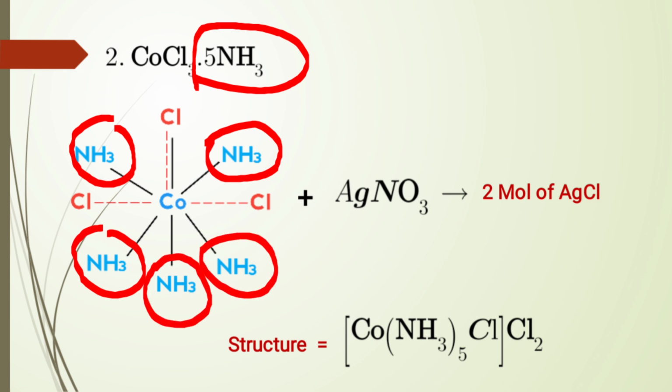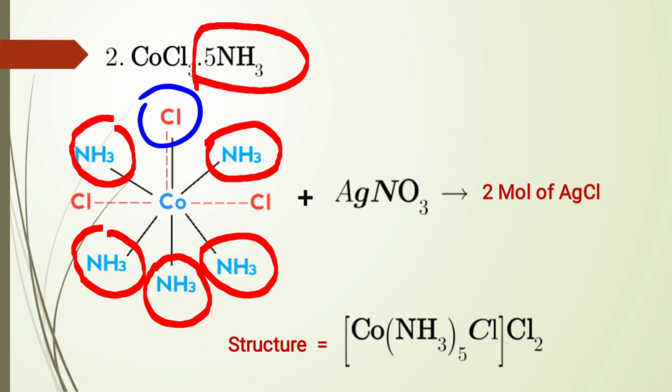These lines you see, they are secondary. However, in this case, since we have a deficiency of one ammonia, this one chlorine has to satisfy both the primary valency and secondary valency. So that's why you see it has a normal line and dotted lines.